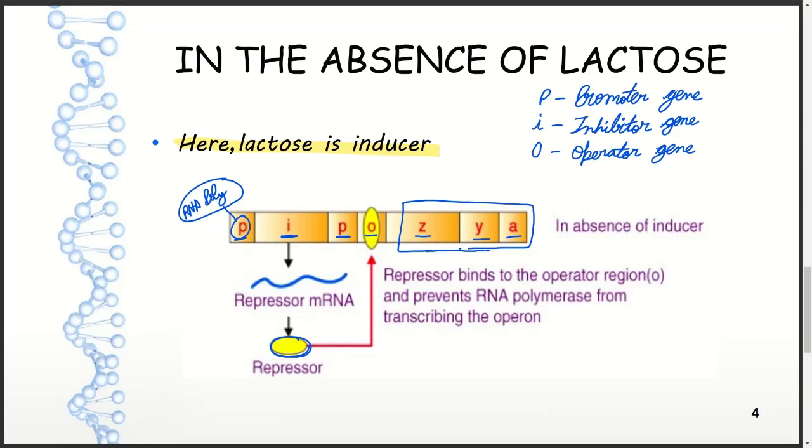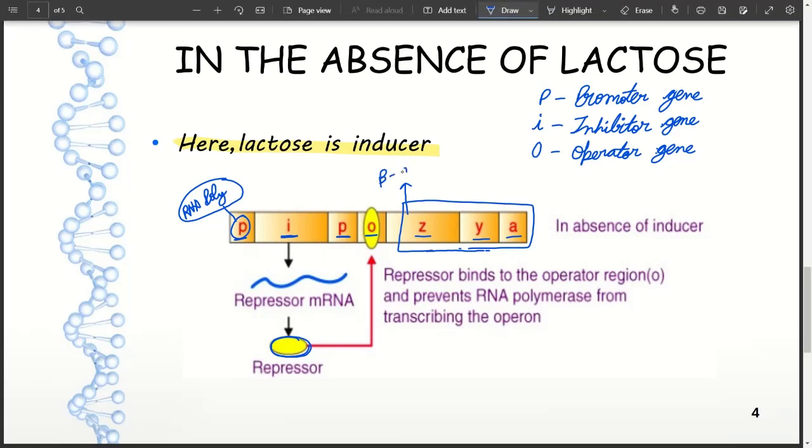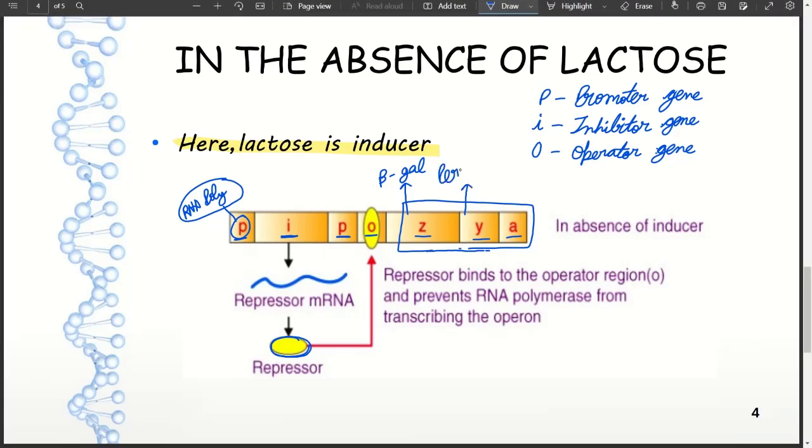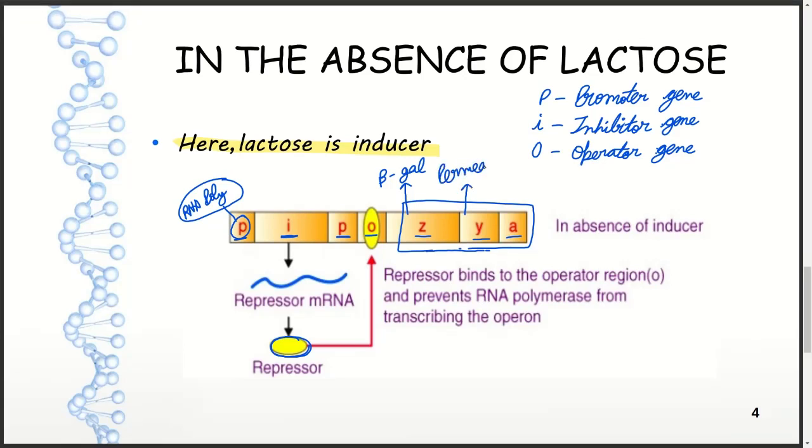Here our Z gene is going to transcribe and translate into beta galactosidase. So it will produce this enzyme. And our Y gene is going to help in the synthesis of another enzyme, which is known as permease.